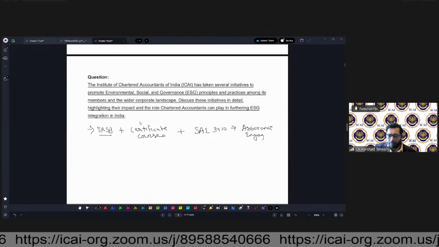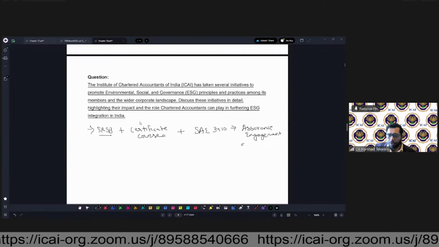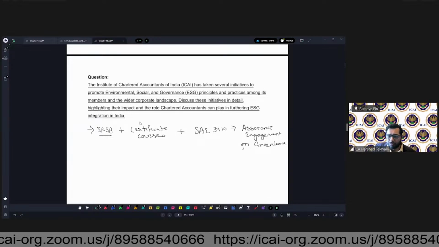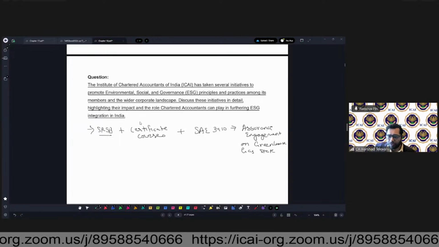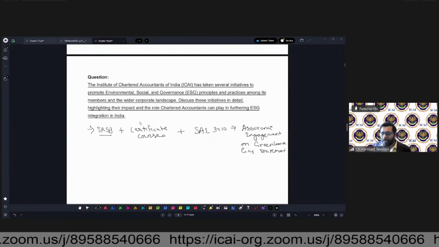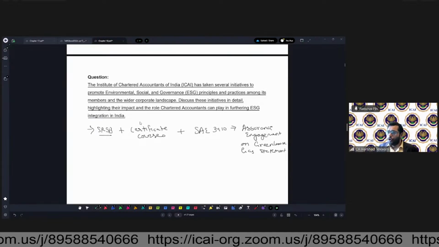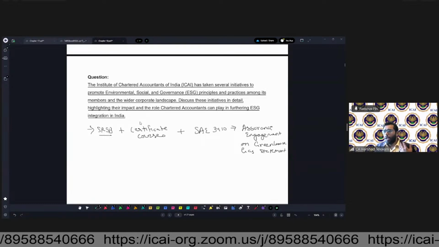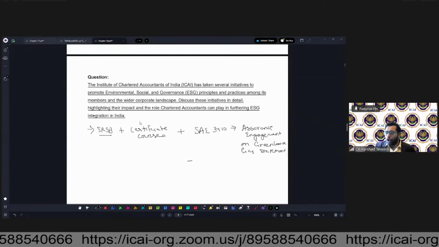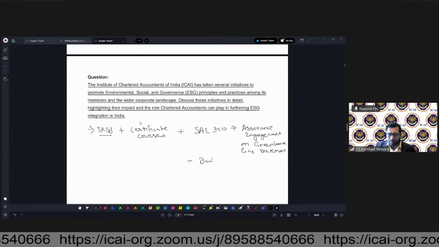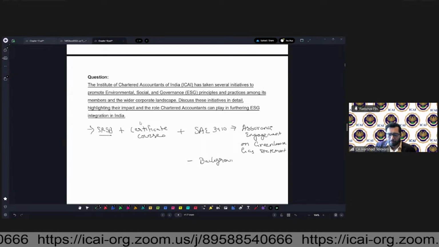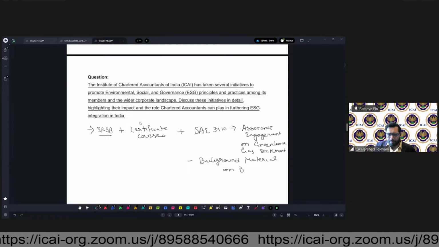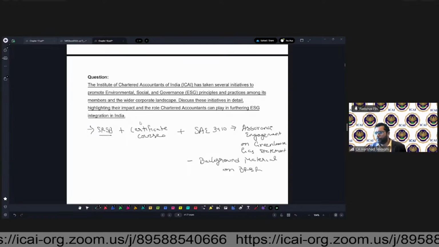So this is a standard on assurance engagement which was issued for this purpose. Then background material was also issued on BRSR. Material on BRSR reporting.